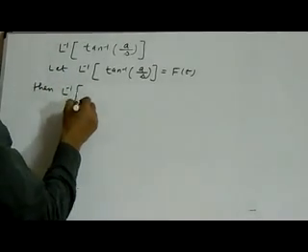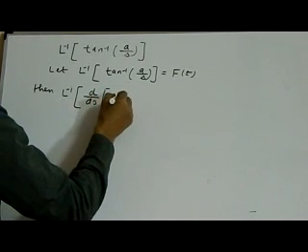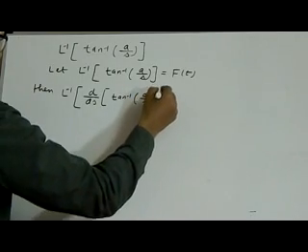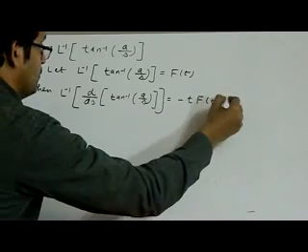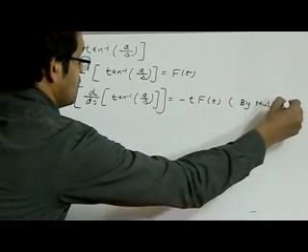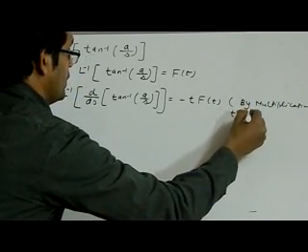So then L inverse of d by ds of tan inverse of a by s is simply minus t into f of t, by the multiplication by t to the power n rule.